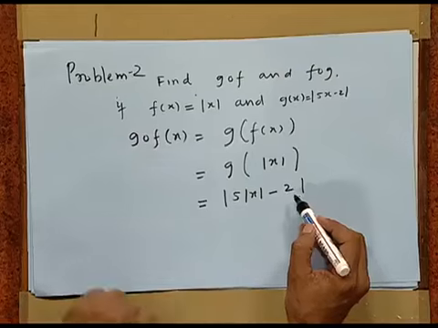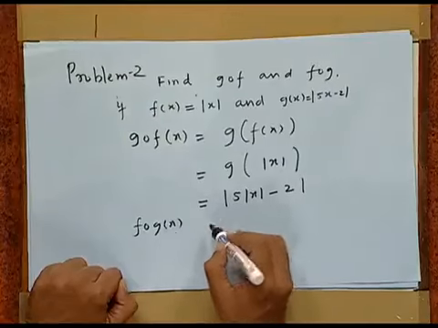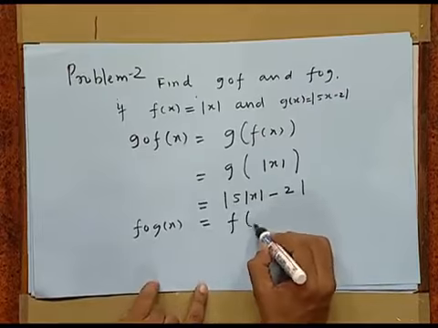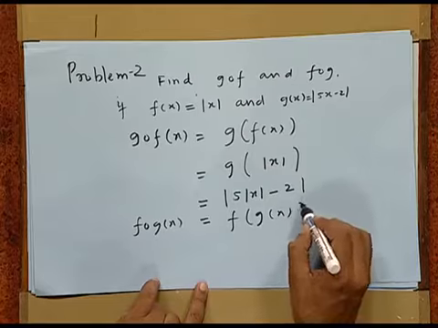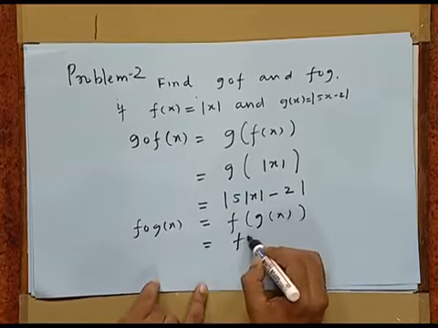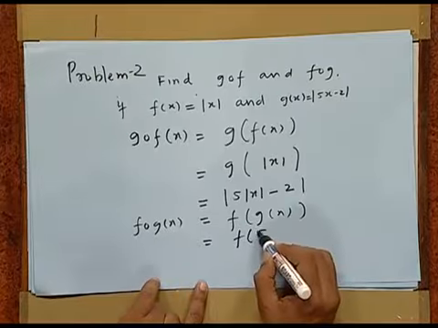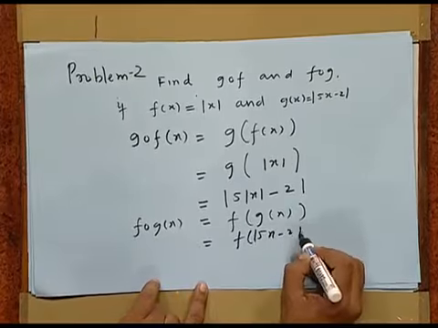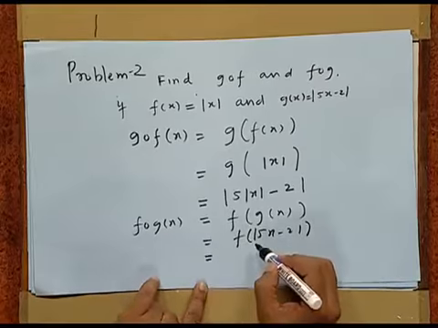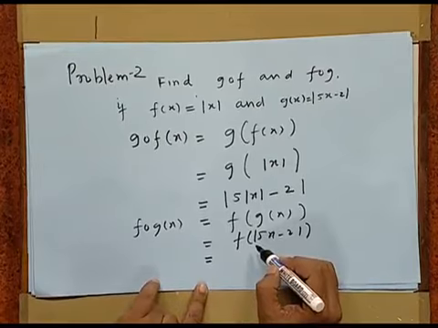Now we try to find FOG. FOG x is simply f of g of x. G of x is simply mod 5x minus 2. And then f of x is mod of whatever is input.